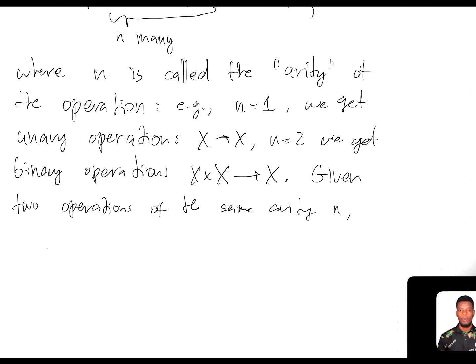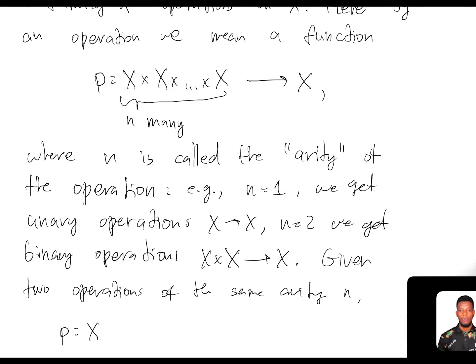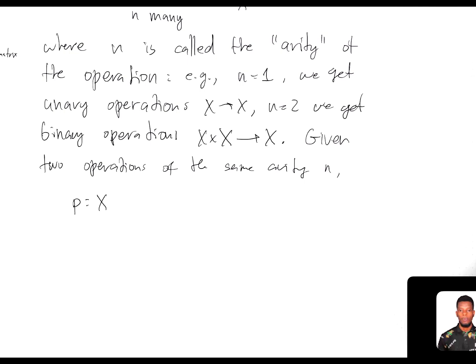So the two operations are, let's say, P, an operation on X times X n many times. There's a short way of writing this, X to the power n. For the same arity n.